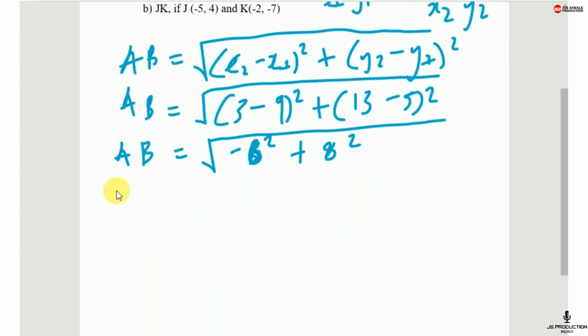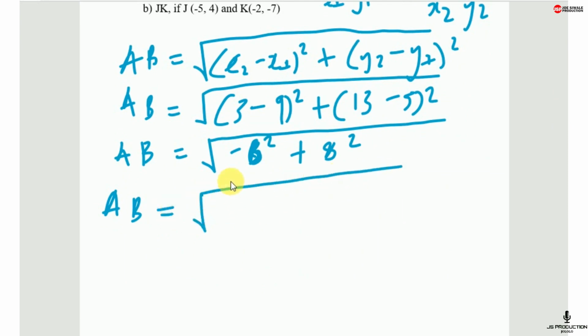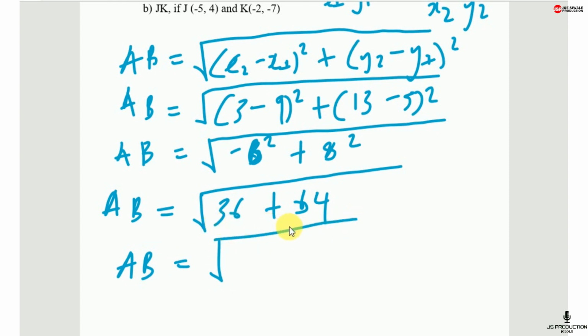So we can say AB is equal to negative 6 times negative 6, that's 36, then plus 8 multiplied by 8, that's 64. So our AB will be equal to 36 plus 64, that's 100.